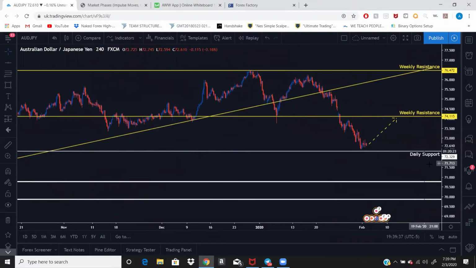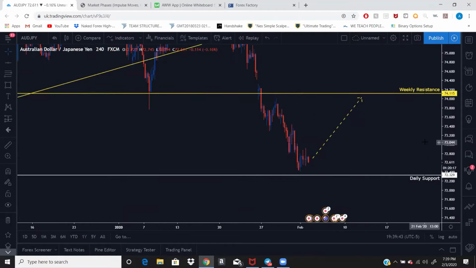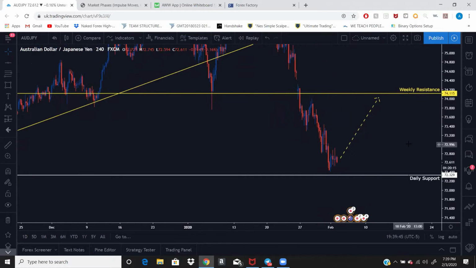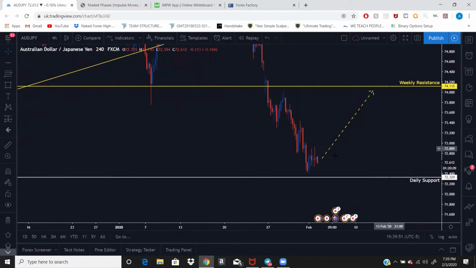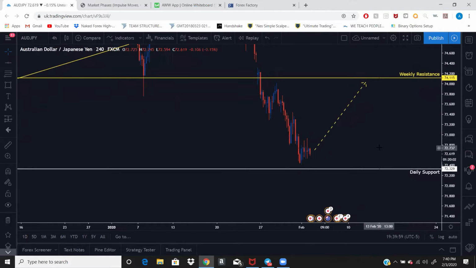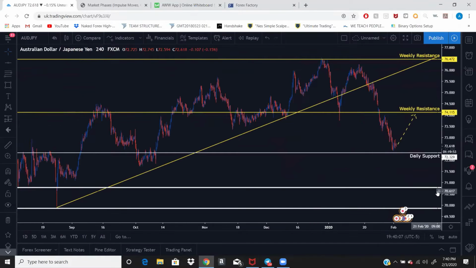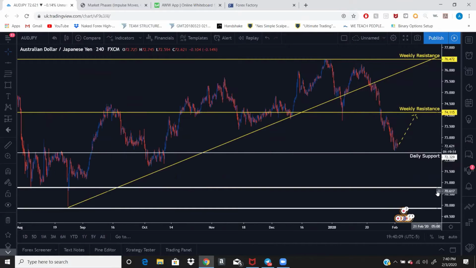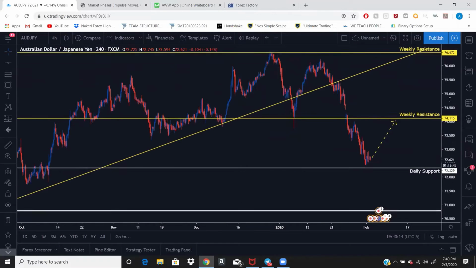But I don't favor this particular AUD just because JPY seems to be much stronger against it at the moment. So if you want to trade it, it's up to you. But it looks pretty bearish. This one looks like they pretty much need to increase interest rate for this to start recovering.